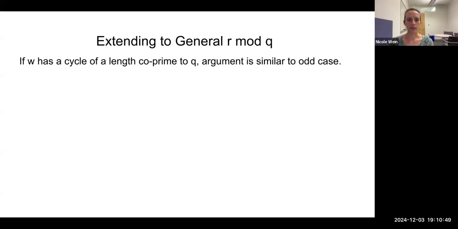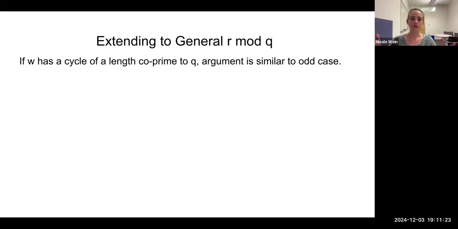The reason for that is because if you have a cycle that's co-prime to Q, then you can make arguments that, without loss of generality, certain other structures of the walk don't exist, because what I could do would be to delete those certain structures of the walk, and to compensate for the fact that the remainder might have changed, I'm going to just go ahead and traverse that cycle of co-prime length to Q as many times as I want.